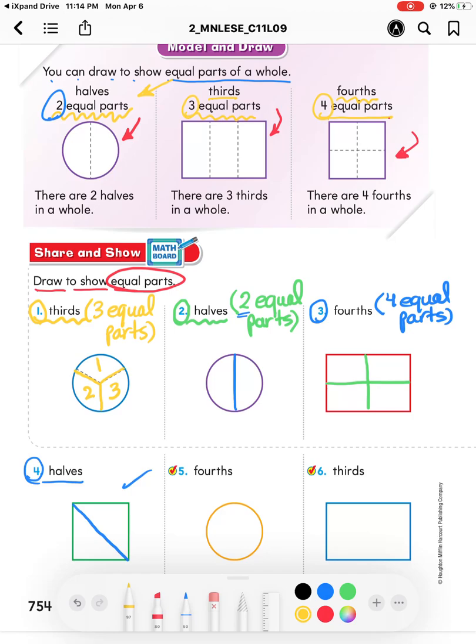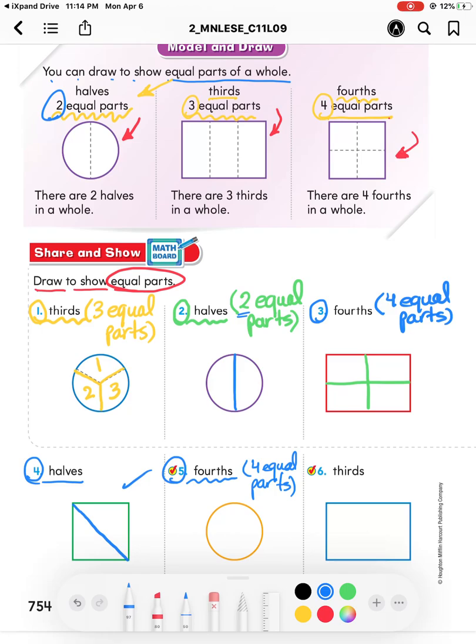Now let's move to the next question, question number 5. In question number 5, it says fourths, which means how many parts? 4 equal parts. Good job, boys and girls. So now we have here a circle. How can we divide it into 4 equal parts? We can divide it like this. No, just a second.